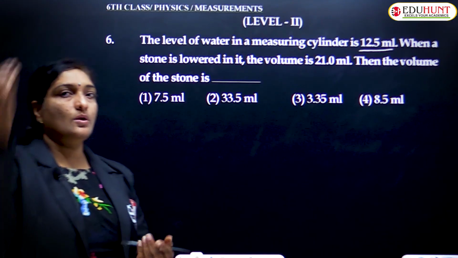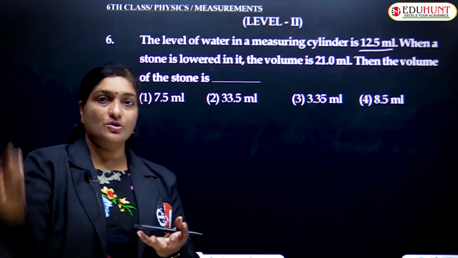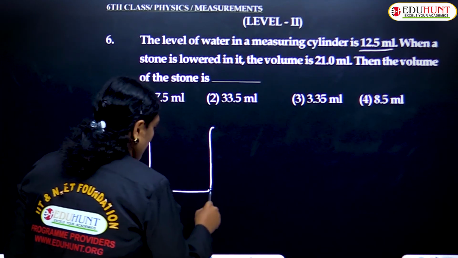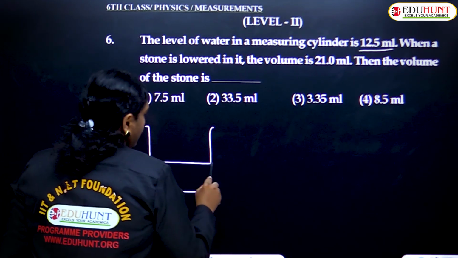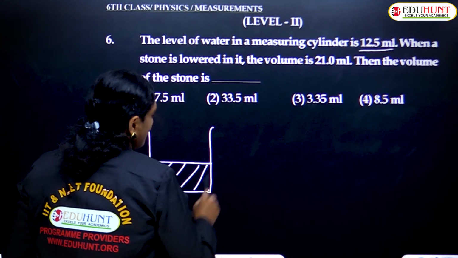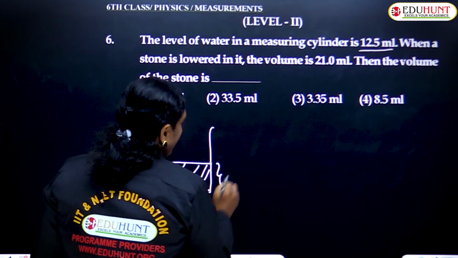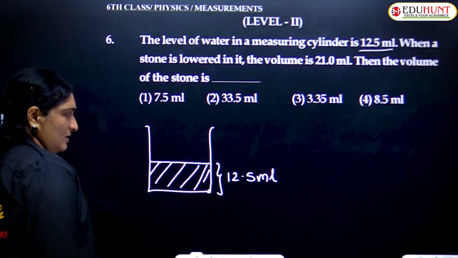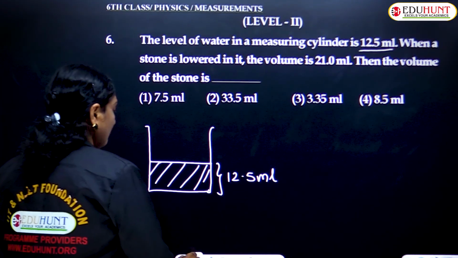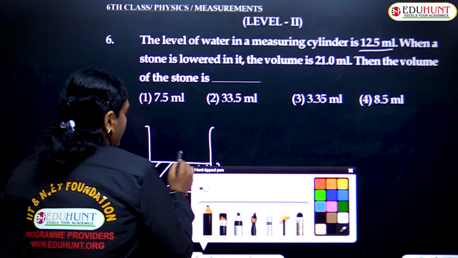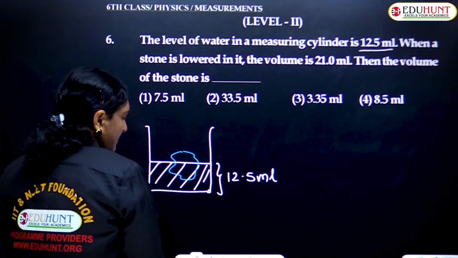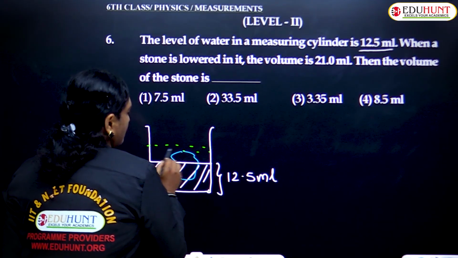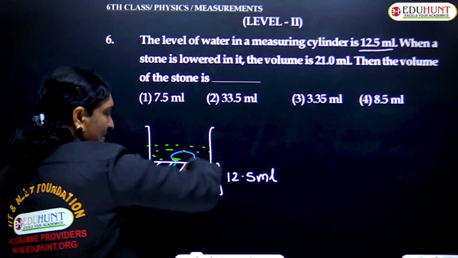When a stone is lowered inside it, initially the liquid in the measuring jar had an initial volume of 12.5 ml. Whenever the stone is dipped inside it, the water level increases because it occupies some space.